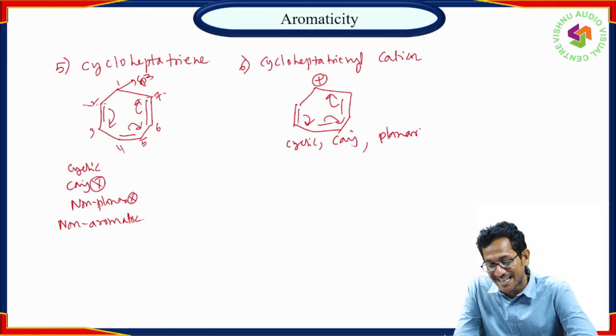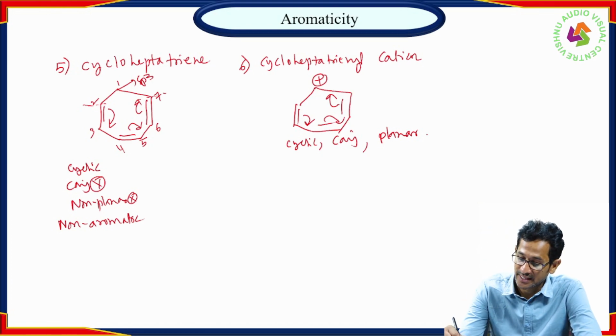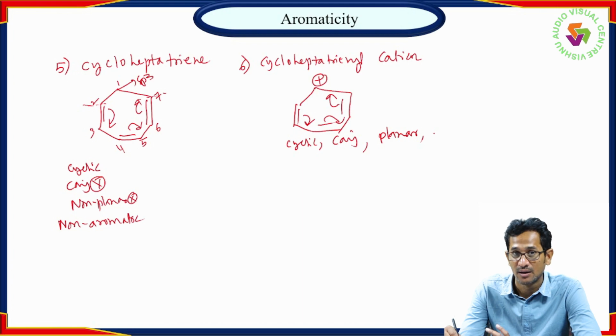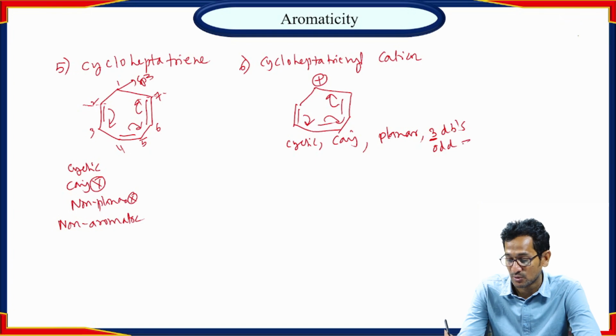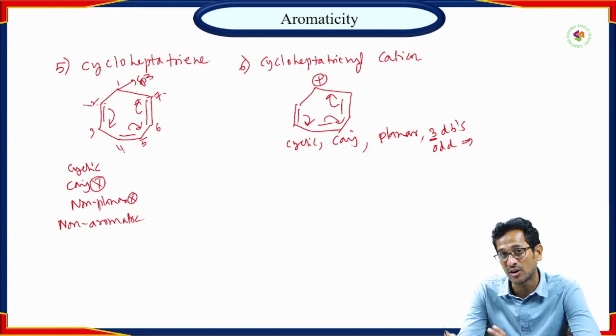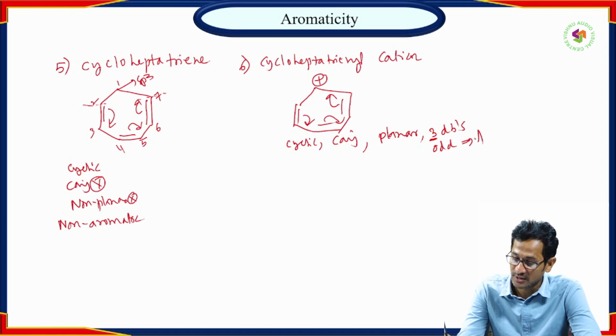These 3 conditions are obviously satisfied. Next one is double bonds. How many double bonds do we have? The positive charge counts as 0. 3 double bonds. 3 means odd number. So it contains an odd number of double bonds while satisfying the above 3 conditions. Therefore, it is an aromatic compound.